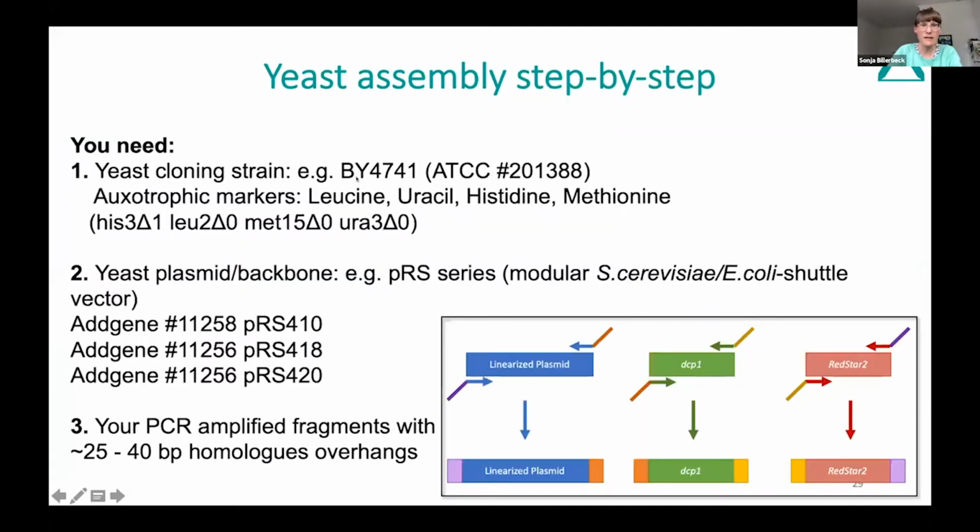Yeah, so let's see yeast assembly more technically, step by step. What you need is basically 3 components. You need a yeast cloning strain, and you can ask any of your colleagues for any strain that is out there. Maybe you have someone in your department that works with yeast. Most importantly, it needs to have auxotrophic markers, because in yeast we usually don't work with antibiotic markers, but rather with auxotrophic markers.